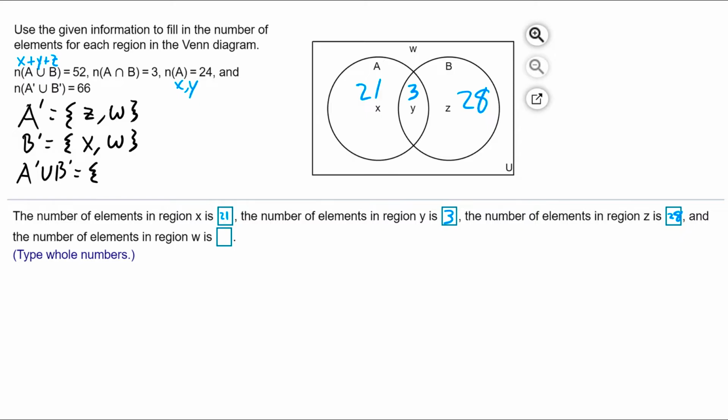So we're putting together X, Z, and W. W occurs twice, but we don't write it twice. So all three of those are in the union of A complement and B complement.